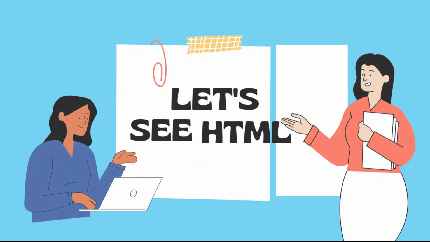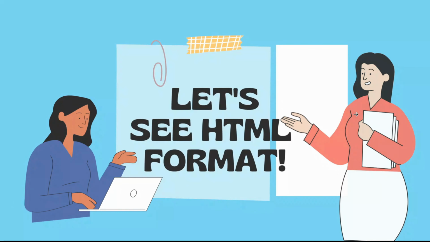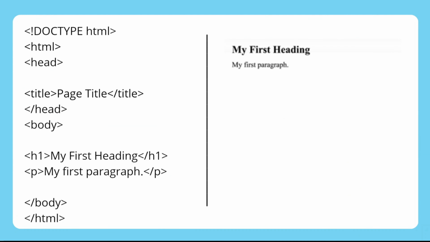So let's see the HTML format, how it actually works. So this is the actual format. Whenever you write HTML from scratch, this is the actual format you need to write. Initially there is doctype HTML, and at the end of the page you will see the closing tag of HTML.